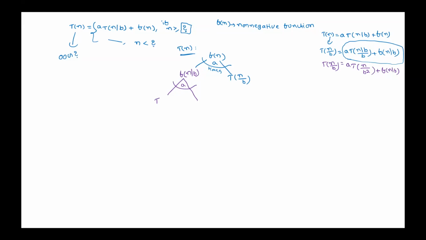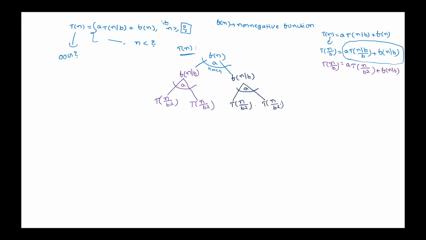So T of n by b, that's why I'm going to replace now. T of n by b, I am replacing with a times T of n by b square plus f of n by b. Is that okay? Similarly, this side also we can replace. This side also T of n by b we can replace with f of n by b, again a times T of n by b square.